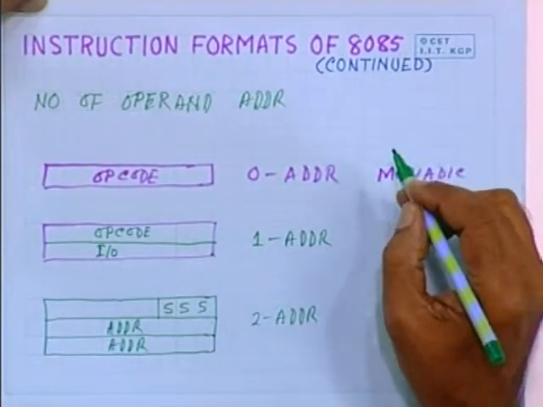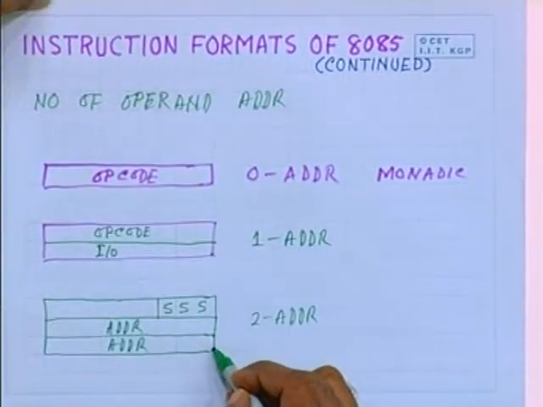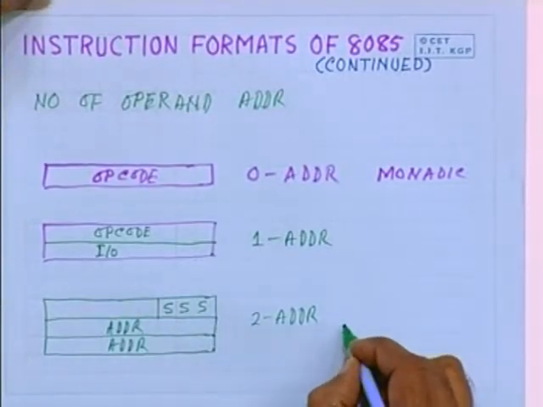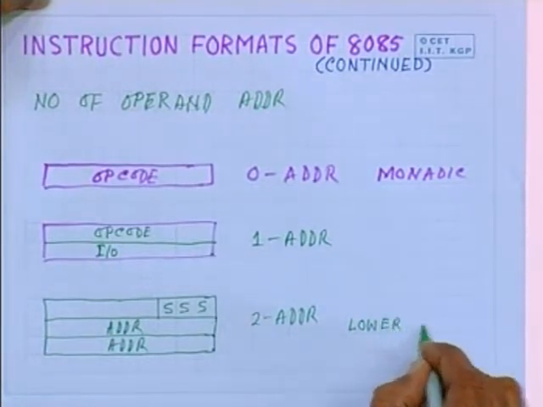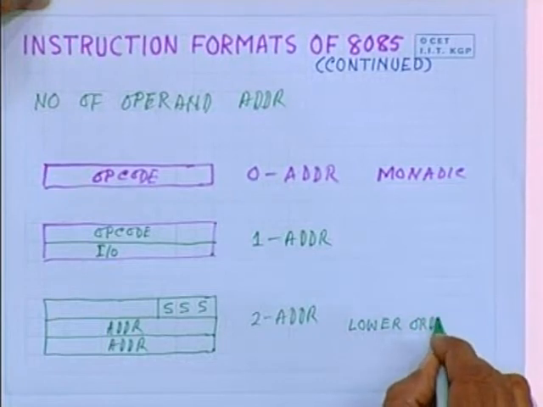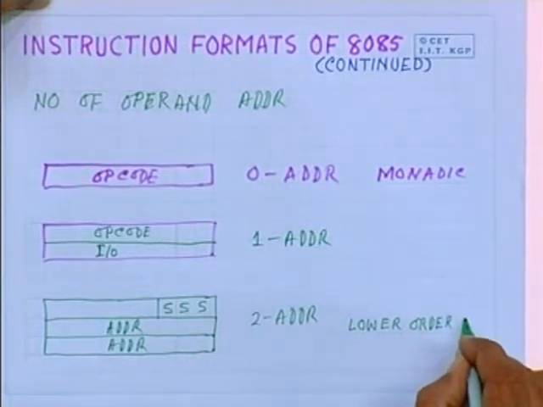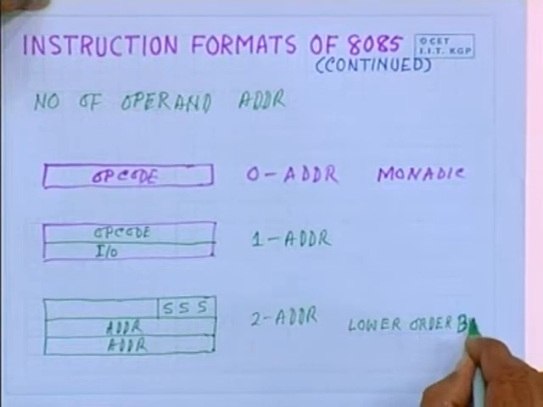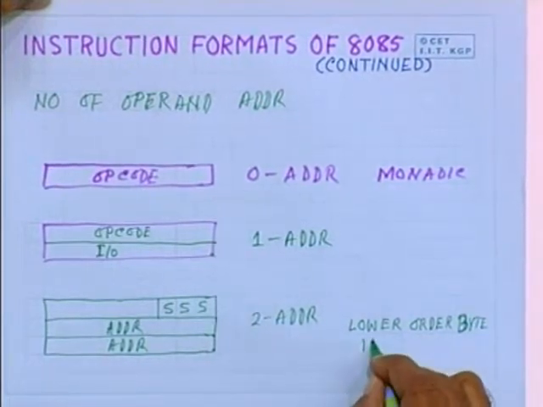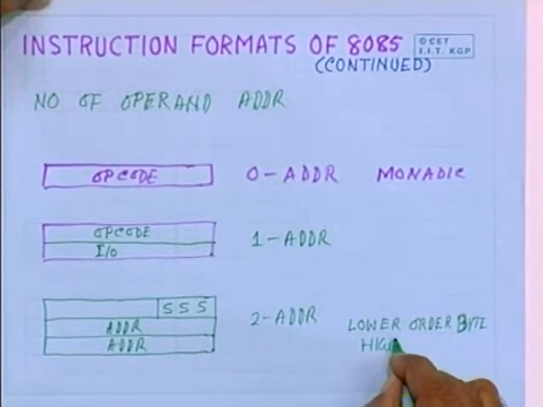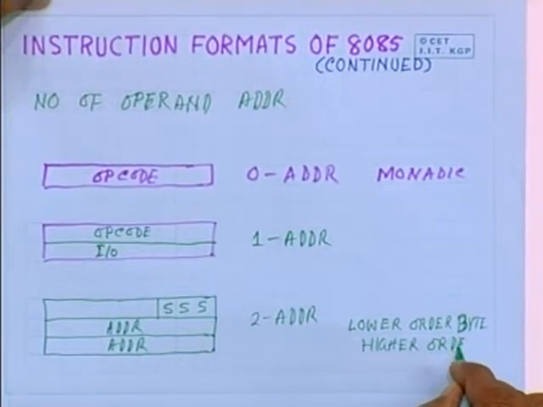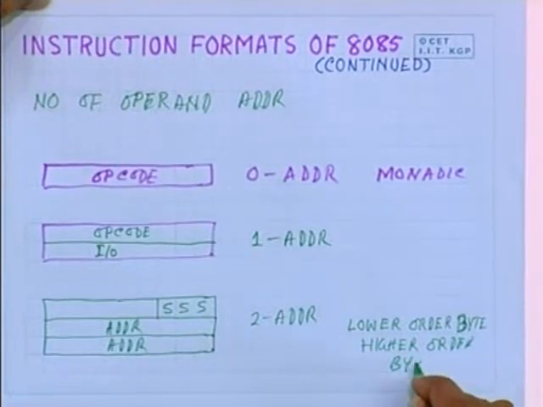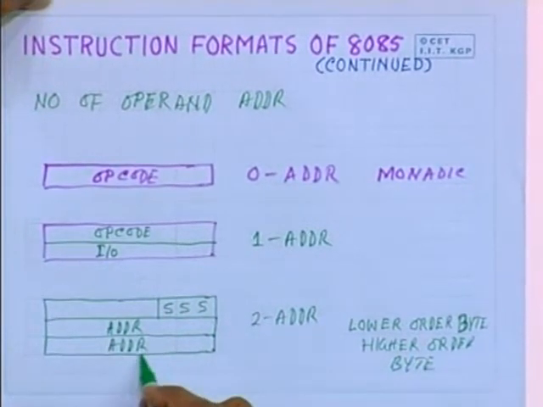So in 8085 we will find that the lower order byte is stored first. This is the lower order byte of address, and this is the higher order byte. So the higher order byte is stored here.